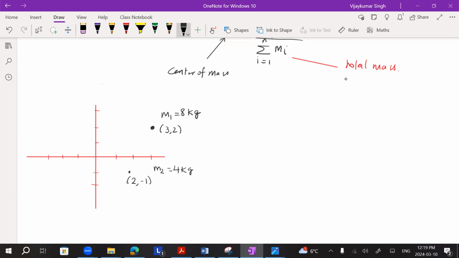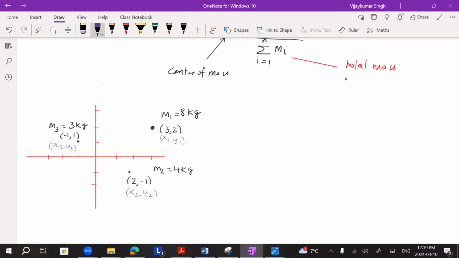And then we have M3 at (-1, 1), say M3 is 3 kilograms. So now this is my x1, y1, here I have x3, y3, and this is my x2, y2.